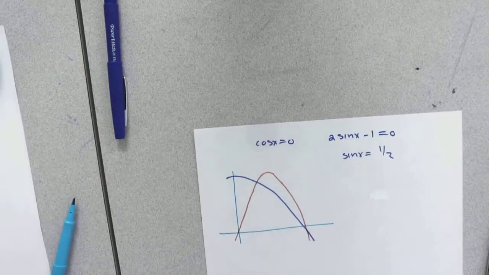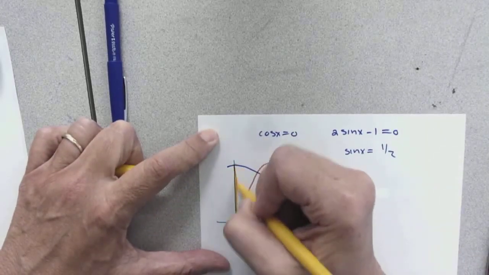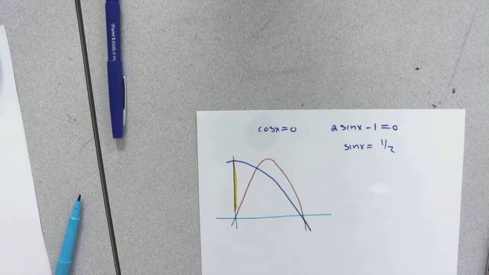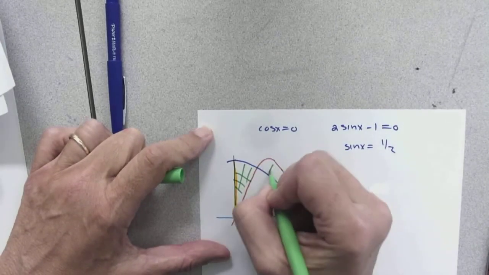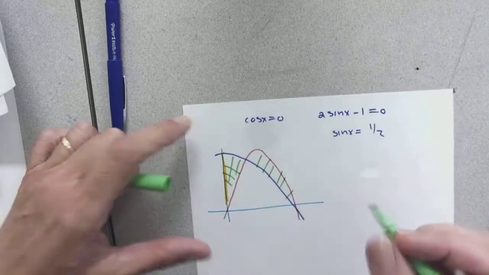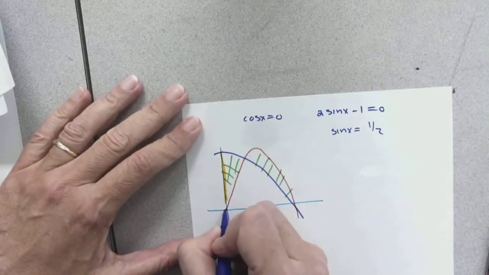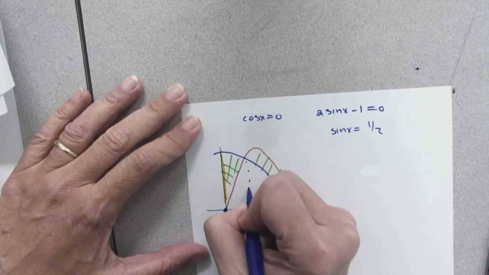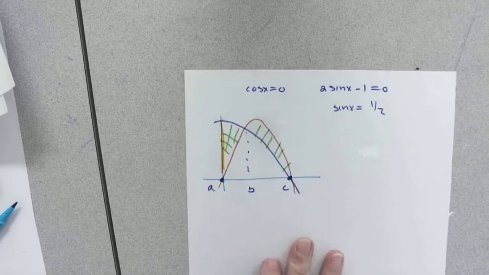And then this was that, and we said it was this little bow tie region. And this point here was A, B, and C. So there's my graph again.